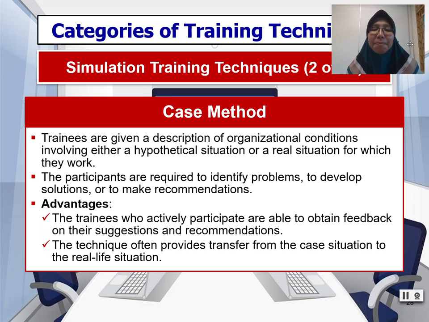The participants are required to identify a problem, to develop a solution, or to make a recommendation. This is the same thing that happens in your case study. You are required to do the case study for chapters 6, 7 and 8, right? So you need to identify the problem, develop the solution, and also make the recommendation of the solution that you have implemented.